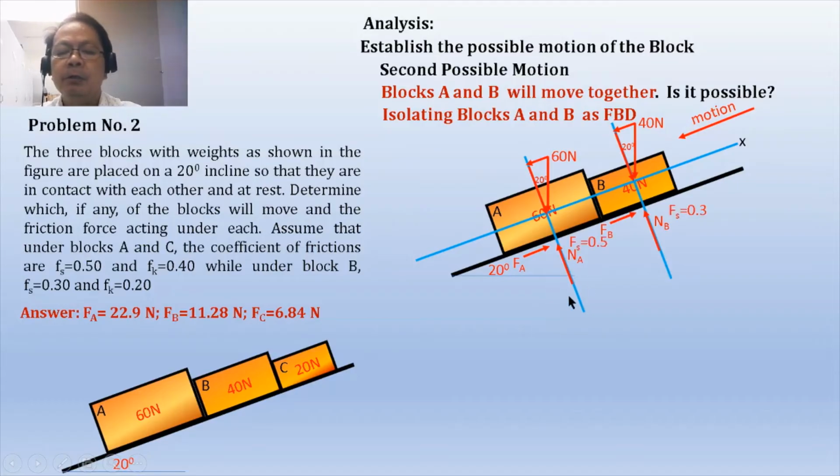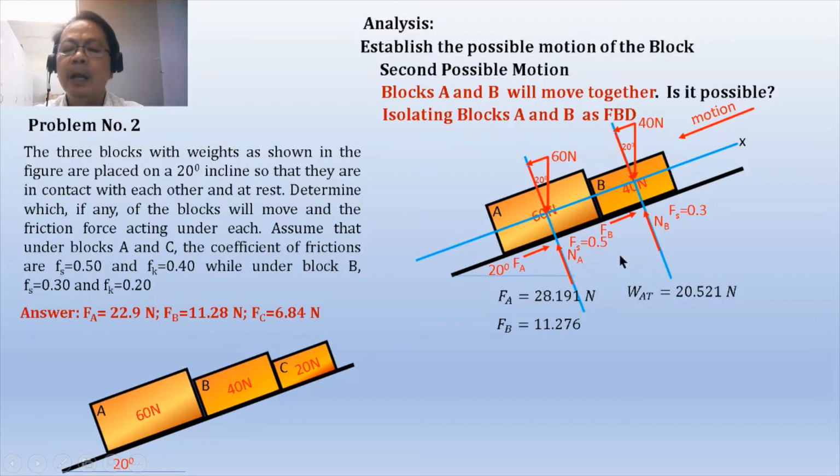So, we show here that F sub A is already computed at 28.191, as I showed earlier. While F sub B, the frictional force that can be developed under B, is already computed at 11.276. However, the component of the weight parallel to the plane from the 60 Newton block is equal to 20.521 Newton, and the component of the 14 Newton block parallel to the plane is equal to 13.681.